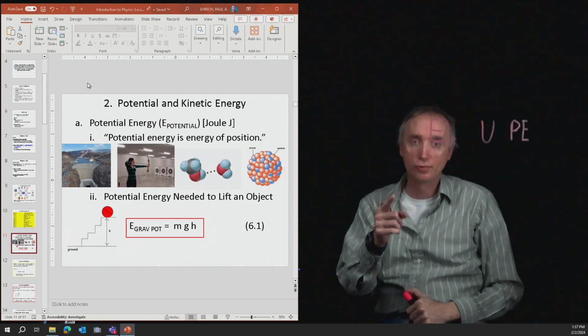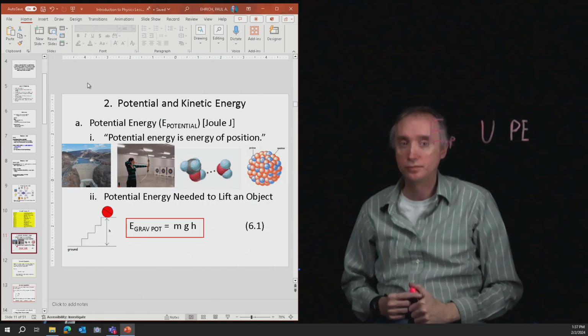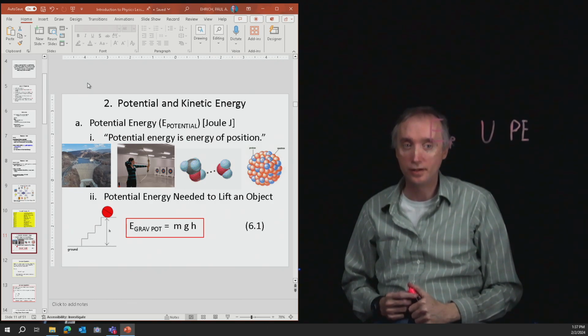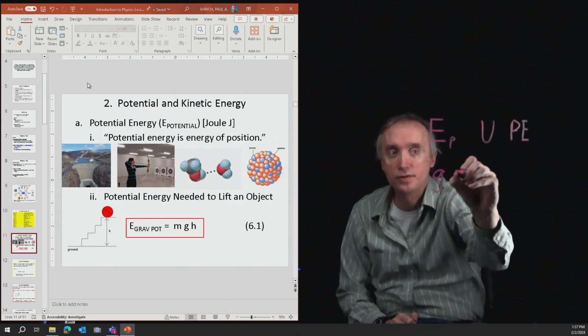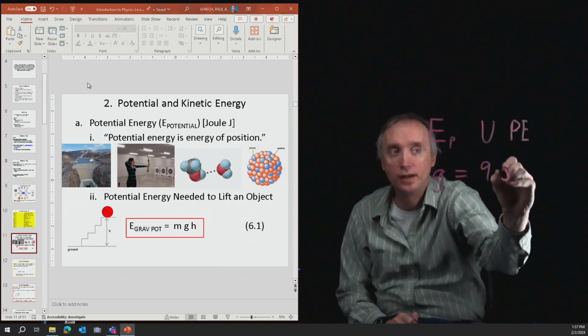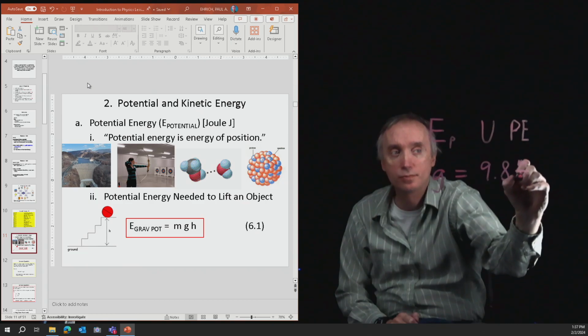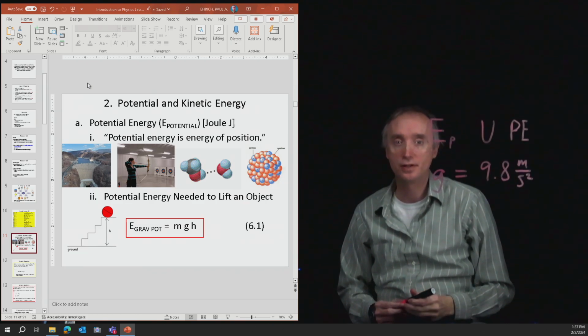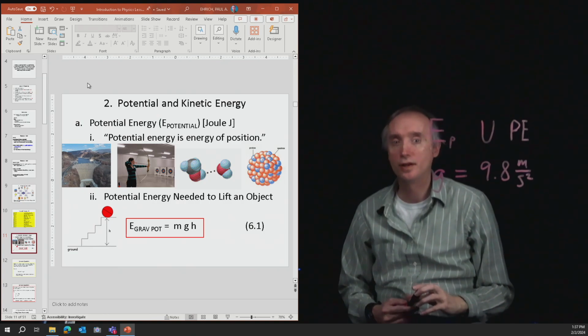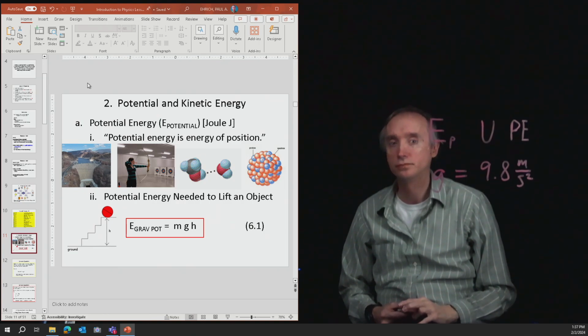Now, you should recognize the letter g. That was called the acceleration due to gravity, and g was equal to 9.8 meters per second squared. So potential energy depends on gravity.